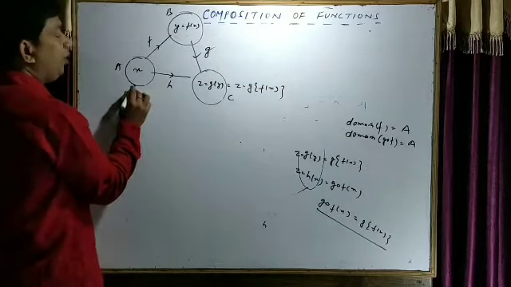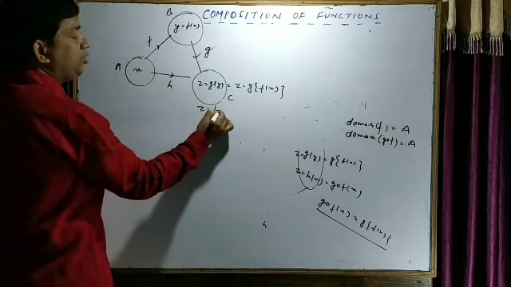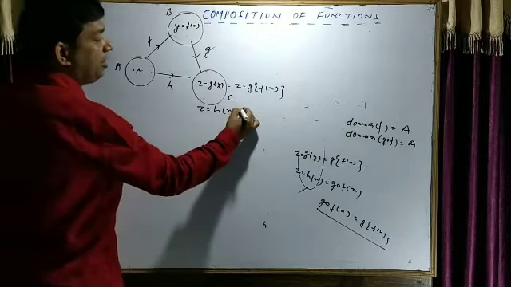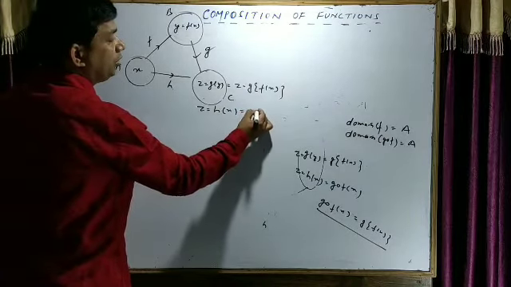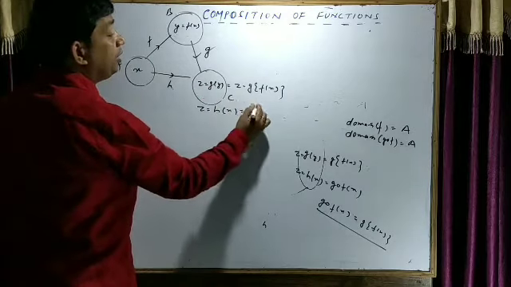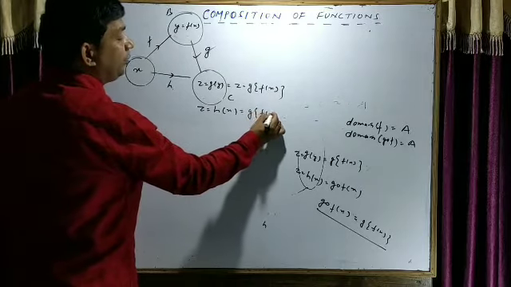Now A to C is h. So z equal to h of x, and this h of x equals g of f of x.